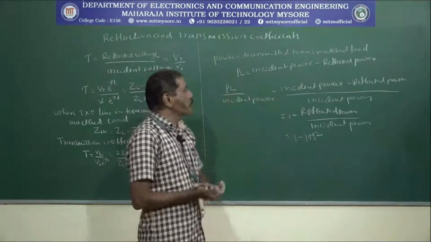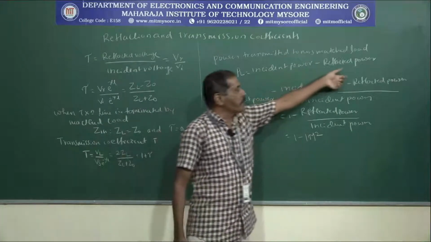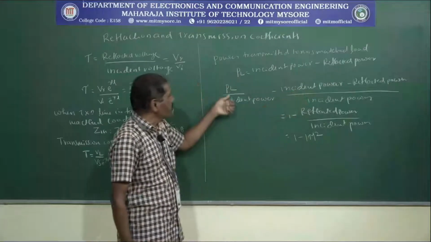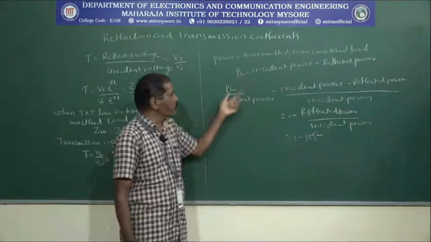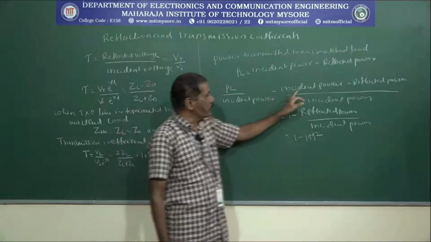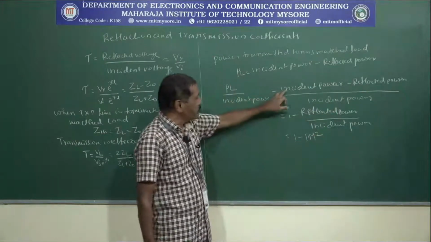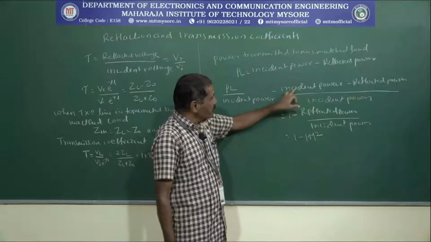Then power transmitted to the matched load is equal to incident power minus reflected power. Dividing the whole equation by the incident power, PL divided by incident power equals incident power minus reflected power divided by incident power.